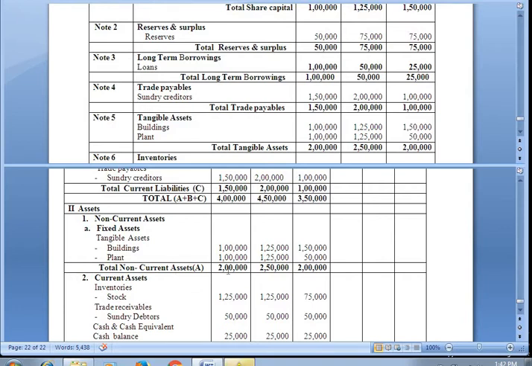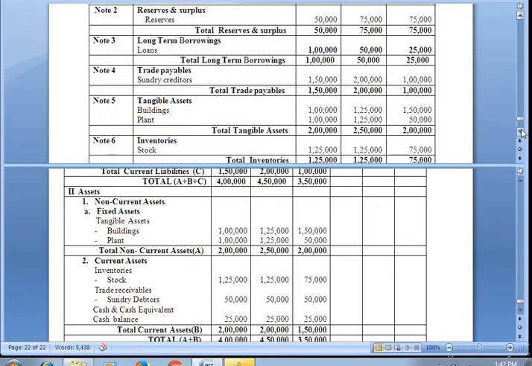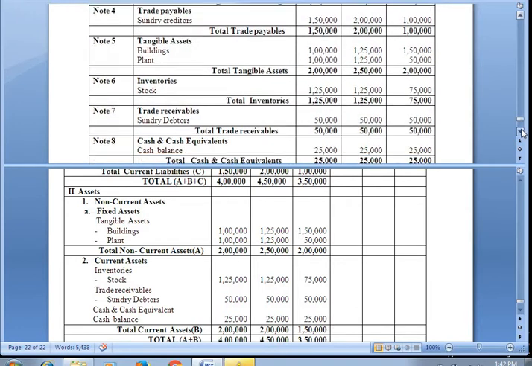Total of non-current assets is 2 lakh, 2 lakh 50,000 and 2 lakh, and the last one is current assets. Current assets include inventories. The details of inventories you can find in note number 6. Inventories include stock, then trade receivables, that is sundry debtors, and the last one is cash and cash equivalents, that is cash balance.